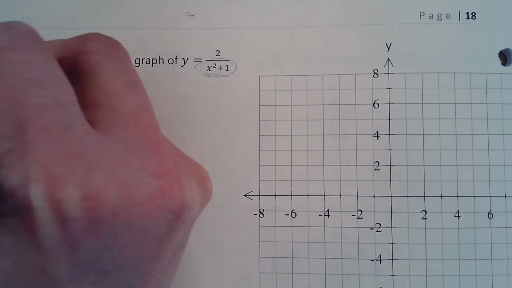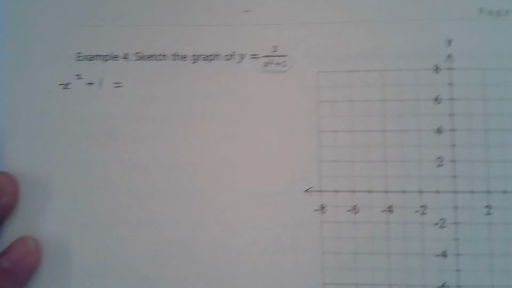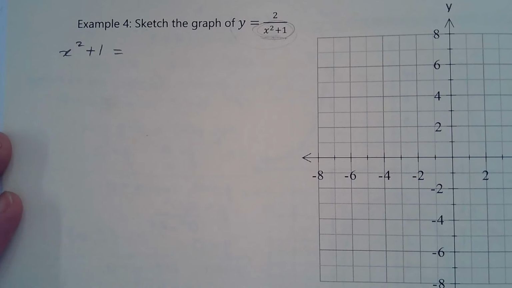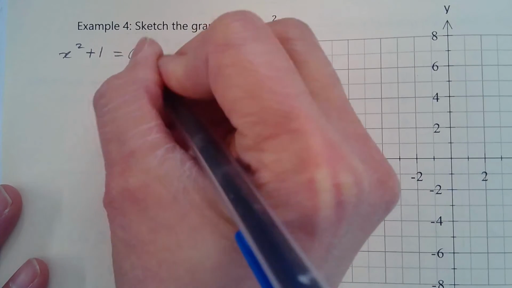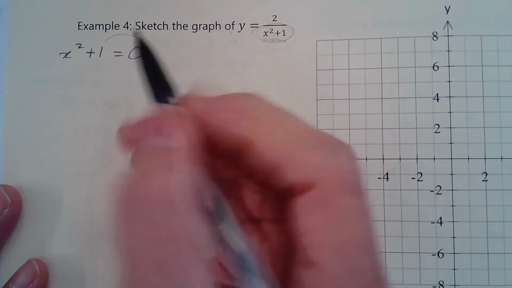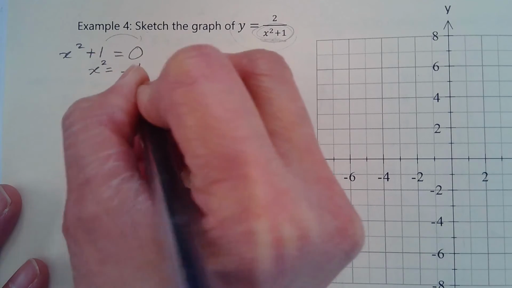If you have x squared plus 1, is there a number for x that will make this 0? And that's equal to 0. So bring this to the other side. x squared equals -1.